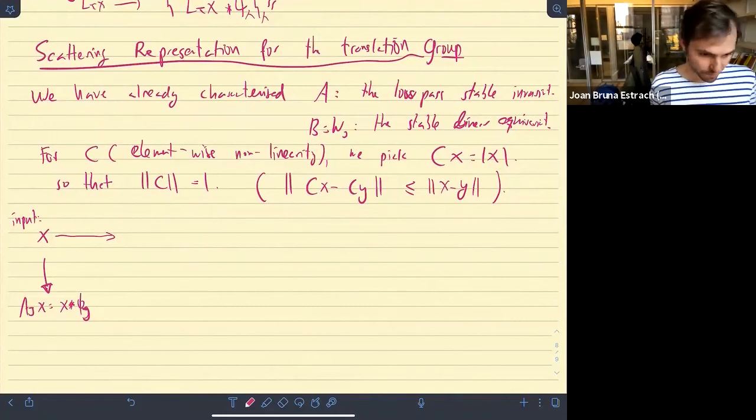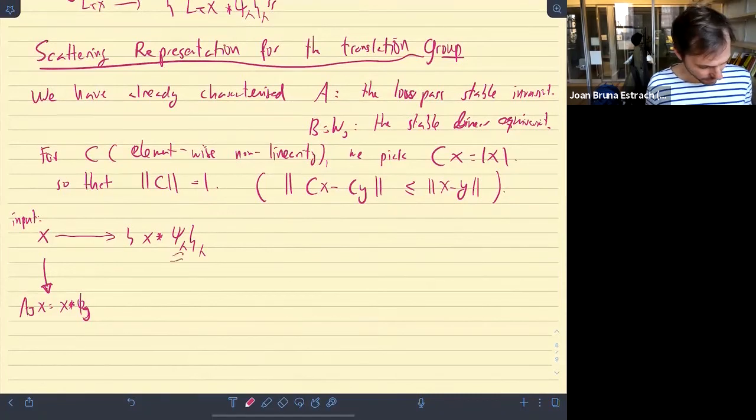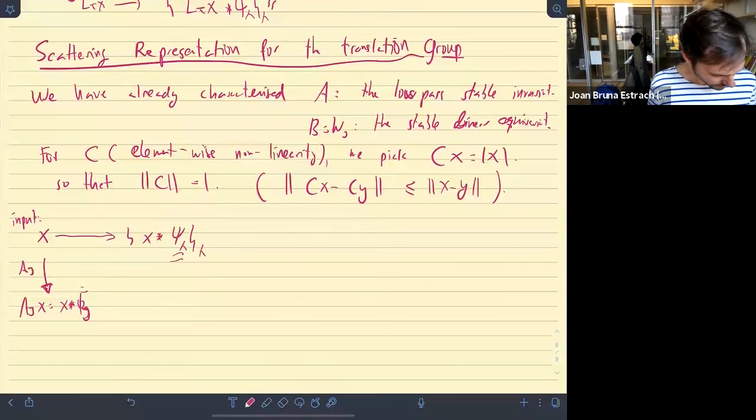This is just the wavelet details, all the wavelet coefficients. From the Littlewood-Paley transform, we know that these filters are complementary to this filter, so they recover the information that is not captured by the low-pass. So this is our invariant A_J, and this is our operator B.